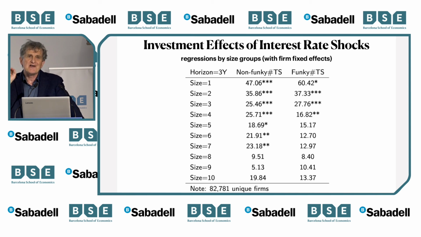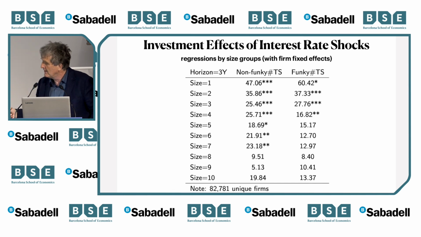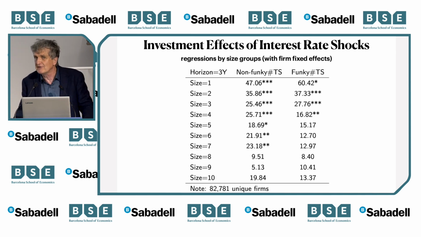Now, we were worried that all of this was being driven by the small firms, but it turns out that the gap between the funky estimate and the non-funky estimate, remember we're looking for the non-funky being bigger than the funky, the action is happening in the middle-sized firms. So I think there's something odd about the small firms because we're not getting a good handle on funkiness.